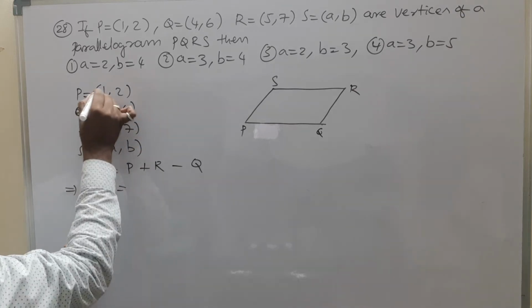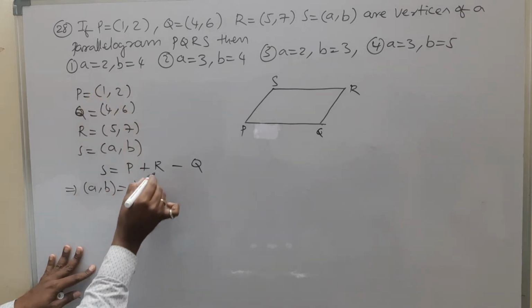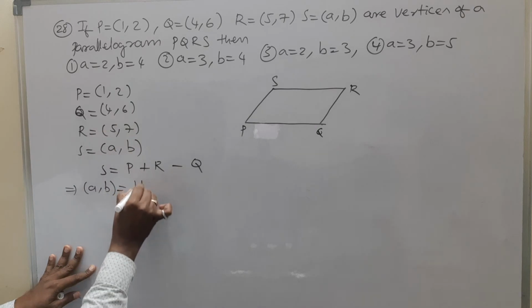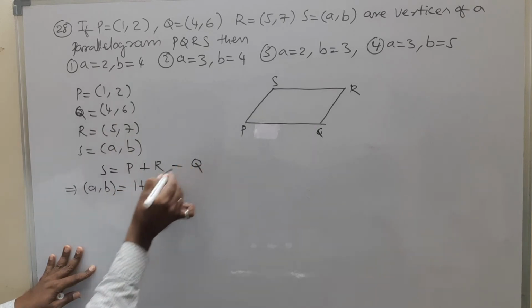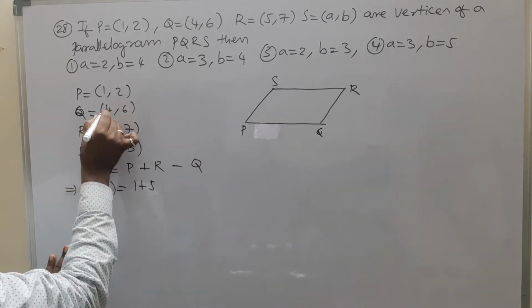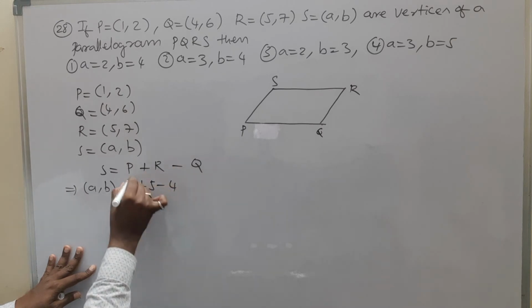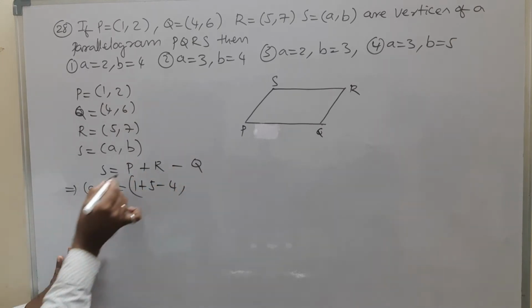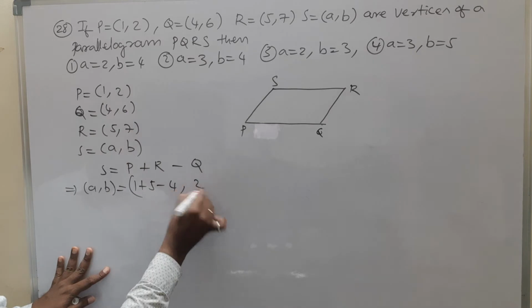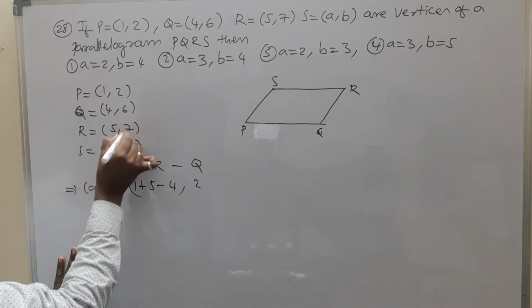Here in P, the x coordinate is 1. In R, the x coordinate is 5. In Q, the x coordinate is 4, minus 4, comma. In P, the y coordinate is 2. In R, the y coordinate is 7.